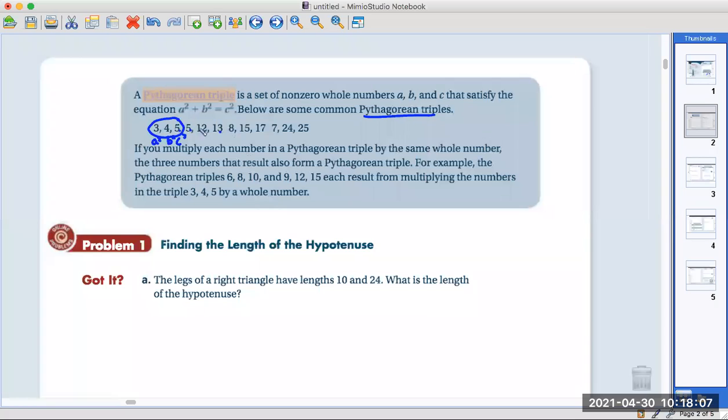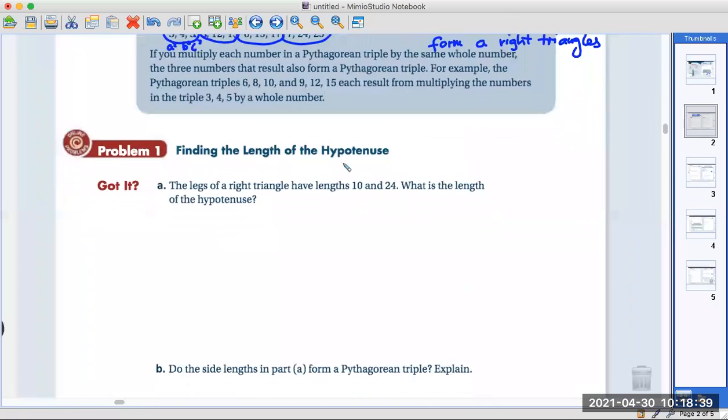I just want you to kind of recognize these. In other words, they're whole numbers that form a right triangle. A Pythagorean triple has to be whole numbers that form a right triangle. Because sometimes our numbers are not whole numbers, as you'll see.